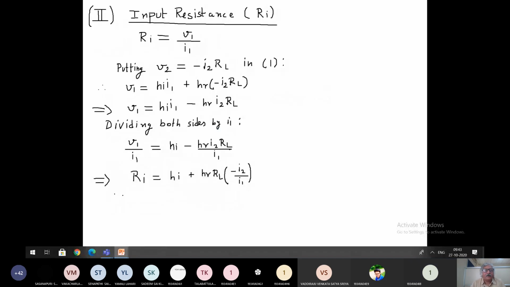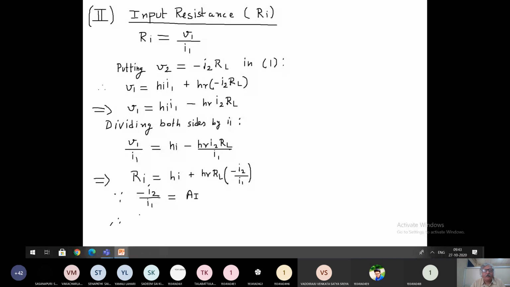Now, since minus I2 by I1 is equal to AI, right?